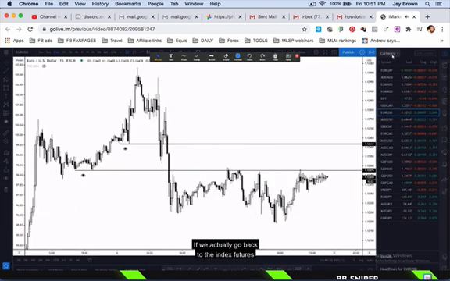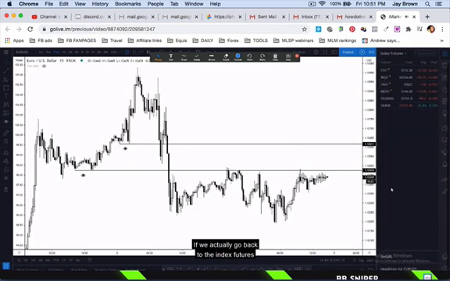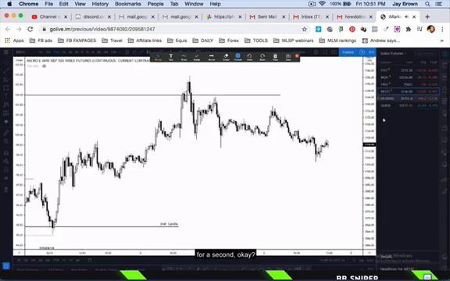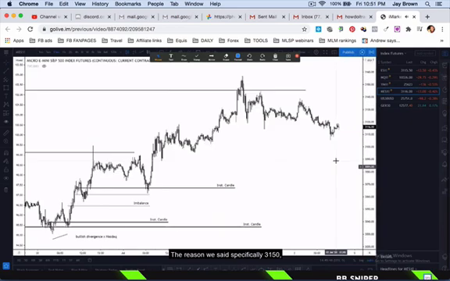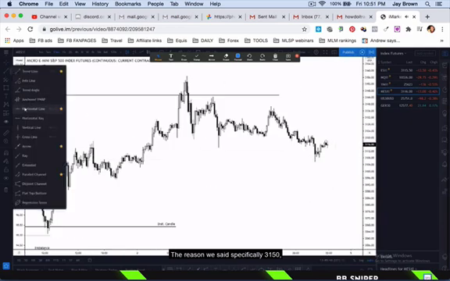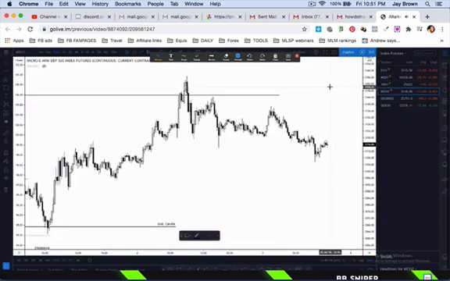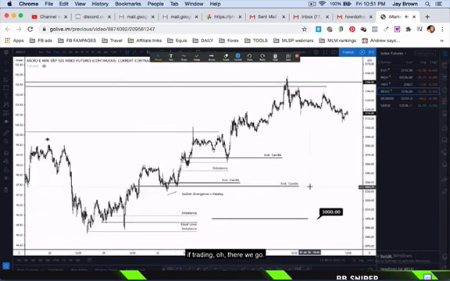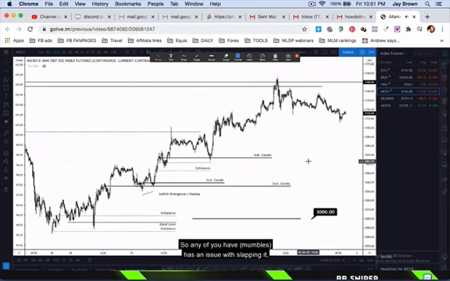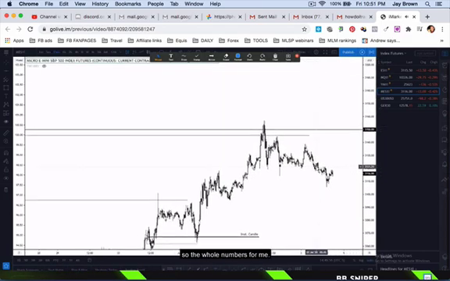If we actually go back to the index futures for a second, the reason we said specifically 3150, if trading, oh, there we go. TradingView usually has an issue with snapping to the whole numbers for me.